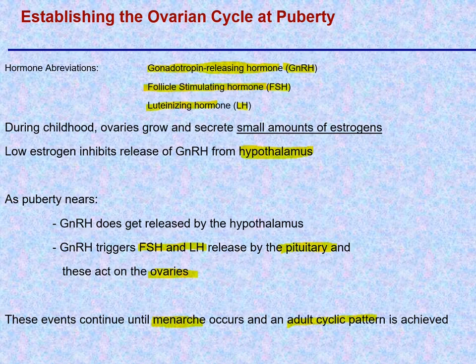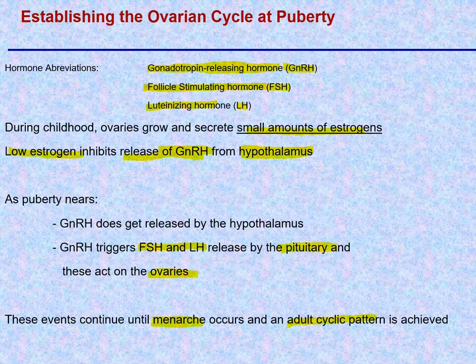Well, there are many events, of course, triggered by hormones. Let's go through some more. I should point out that in childhood and just before the onset of puberty, there are small amounts of estrogen released, and low estrogen levels will inhibit release of gonadotropin releasing hormone from the hypothalamus.